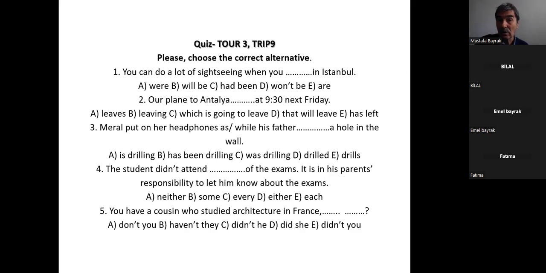"Has been", we will learn it. Present perfect continuous also has a connection with the present.